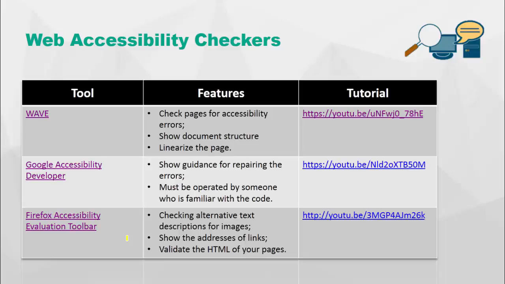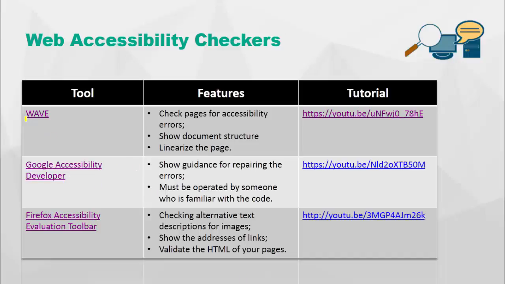Like you can check the descriptions of images and the addresses of links individually. But the Google Developer Tool and the Firefox Accessibility Evaluation Toolbar are browser dependent, which means that you can only use Google Accessibility Developer in Chrome.